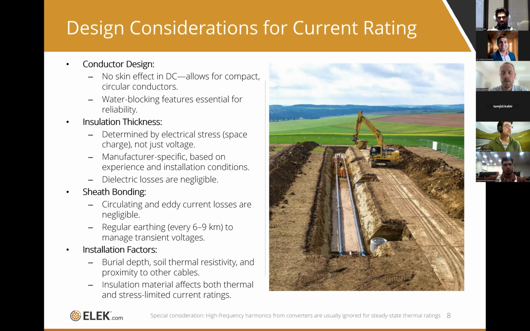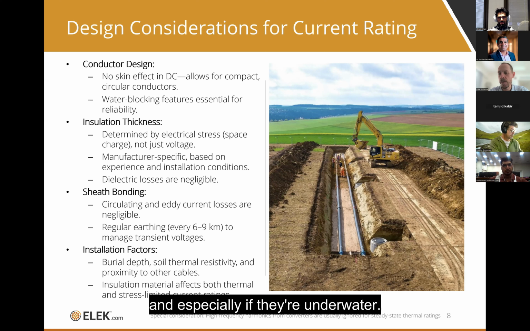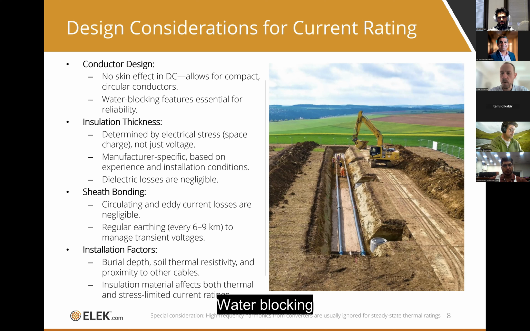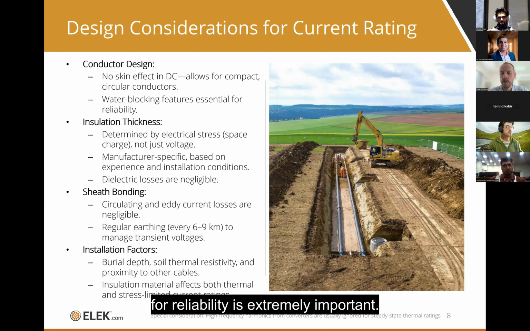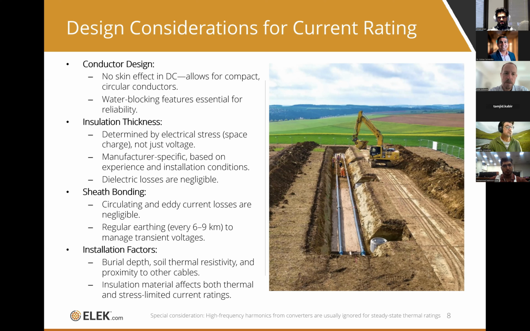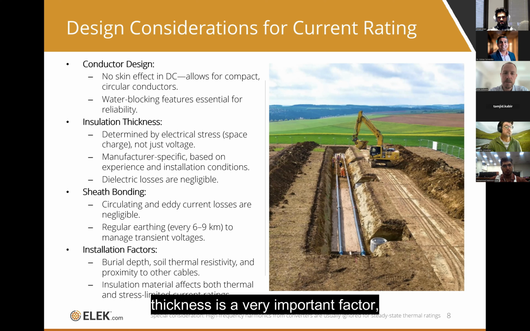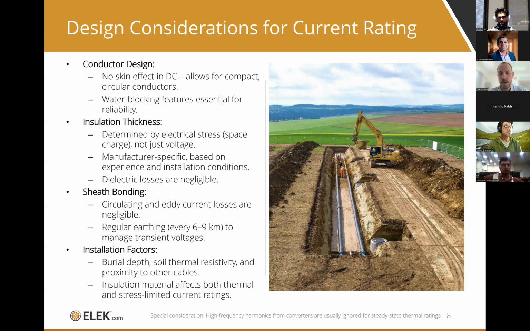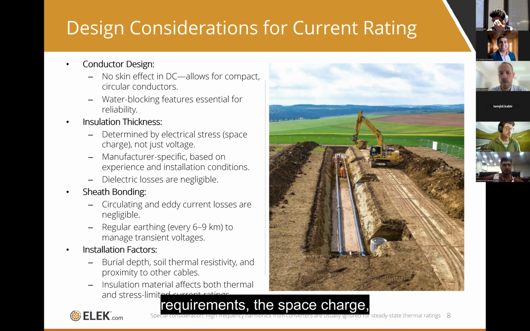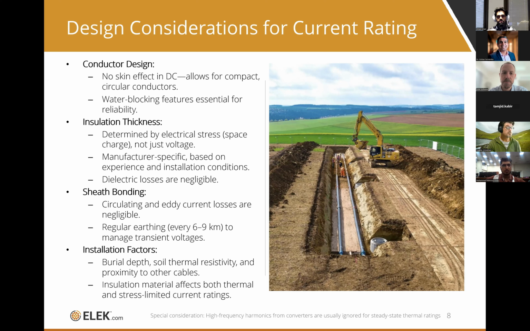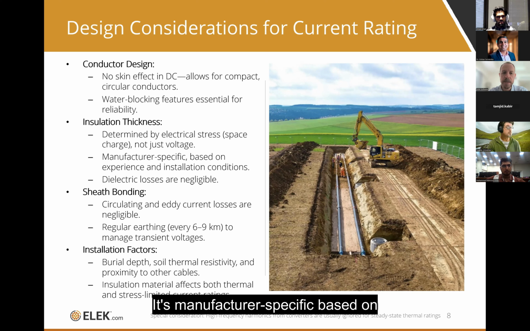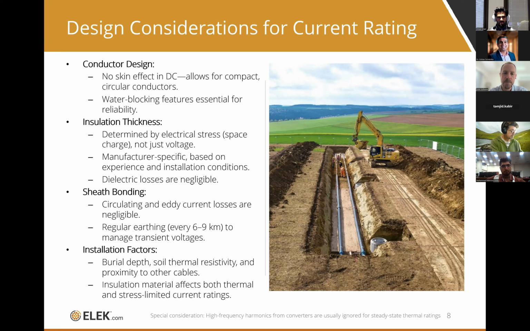And especially if they're underwater, water blocking for reliability is extremely important. The insulation thickness is a very important factor, and it's determined by the electrical stress requirements, the space charge, but not just voltage. It's manufacturer specific based on experience and installation conditions.